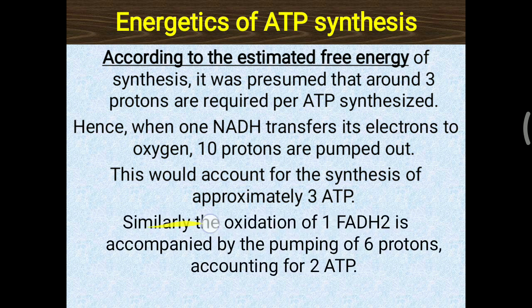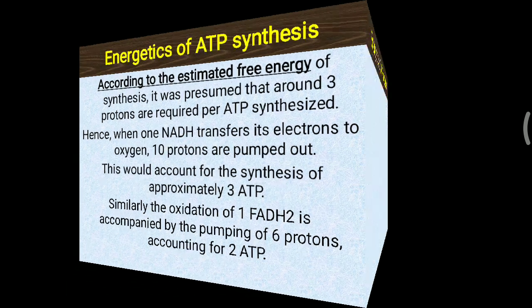Similarly, the oxidation of 1 FADH2 is accompanied by the pumping of 6 protons, accounting for 2 ATP. For FADH2, at complex 2 no protons are pumped out, at complex 3, 4 protons are pumped out, and again at complex 4, 2. So 4 plus 2, a total of 6 protons, accounting for 2 ATP.